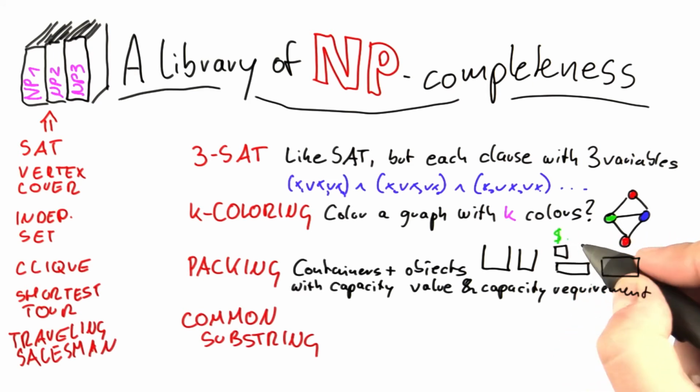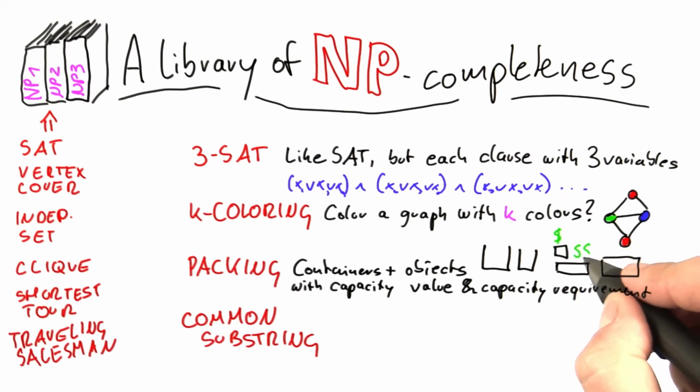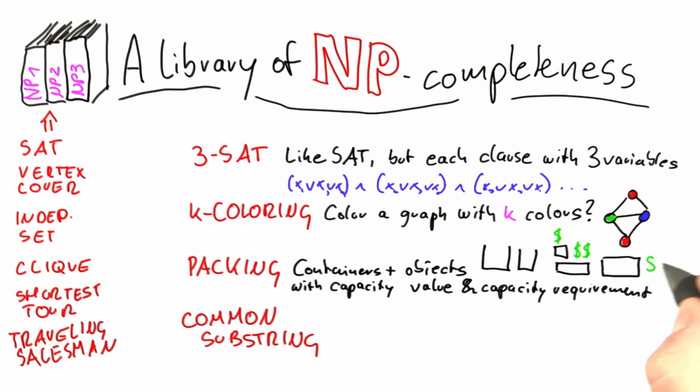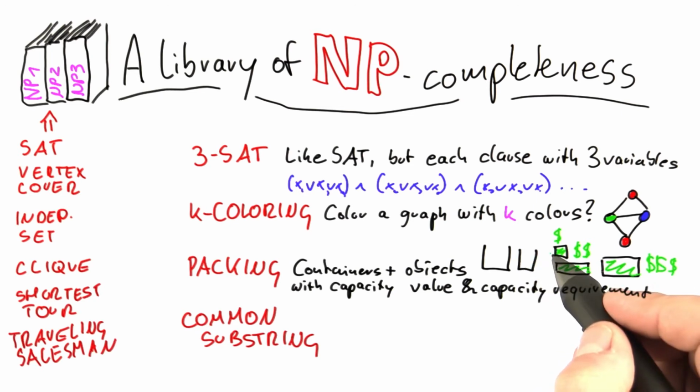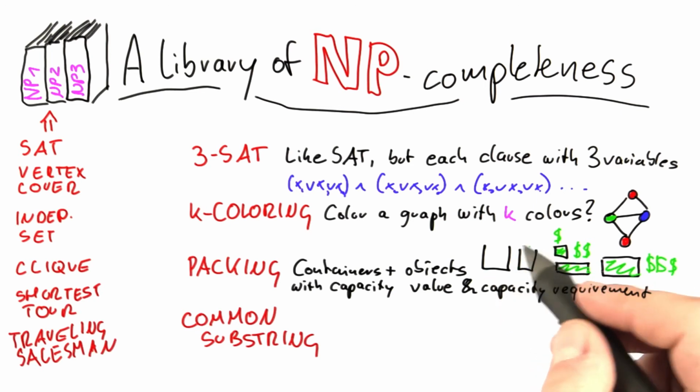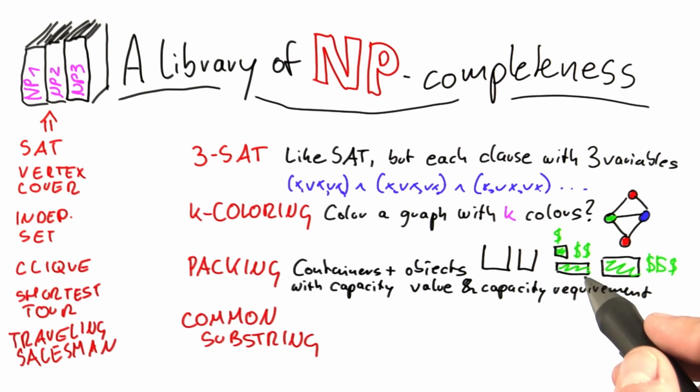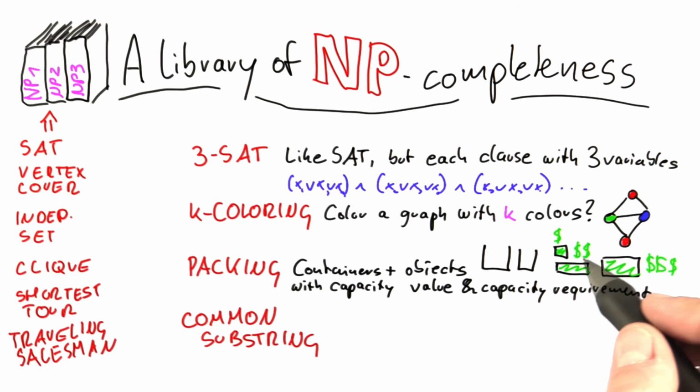So this might be not so valuable, this might be a little bit valuable, and this might be very valuable. So usually you cannot put all of these objects here into the containers. So the question is, what is the maximum value that you can put into the containers? And of course you could have the case that, for example, the bigger object is actually worth less than the smaller object. So there's lots of different combinations here. And we'll actually investigate this problem a little bit more in one of the next units.